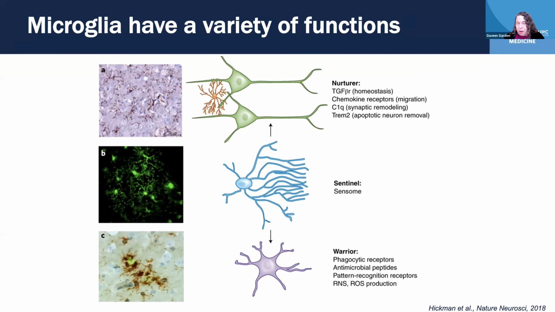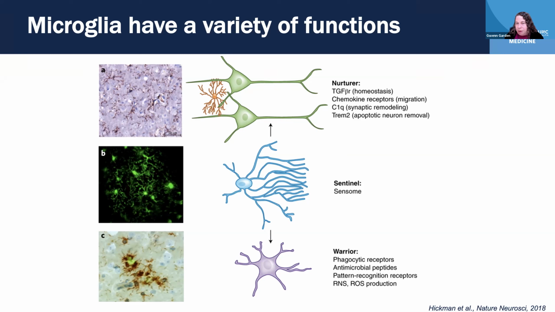So to ask that question, we have to decide, well, what are all the functions, and does every microglia in the brain have the same function? There have been a lot of different studies of microglia, and using different types of transcriptomics and even single cell transcriptomics, there are a number of different ways you can subdivide microglia, but there are at least 3 different concepts that emerge from these many studies.